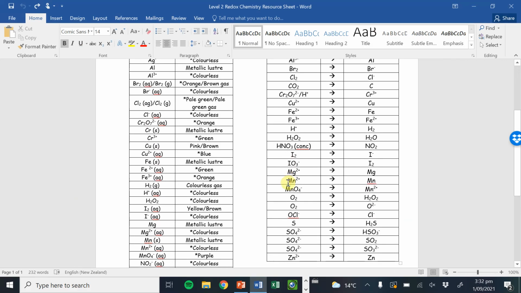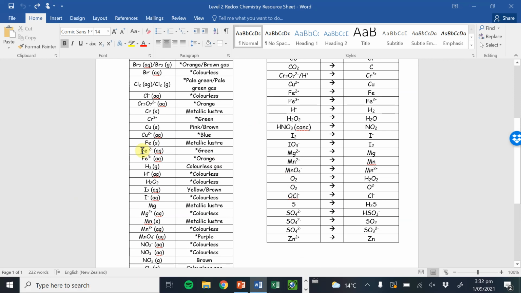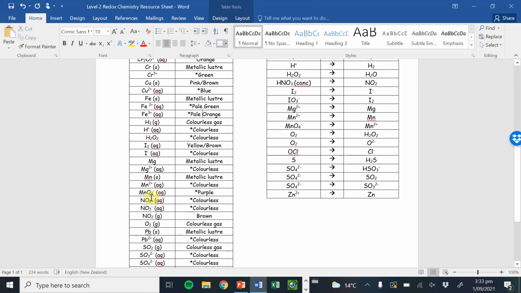Here's my iron 2 aqueous, meaning dissolved in solution, green. Iron 3 aqueous, orange. I should update that and write the word pale, because pale is probably a better way to describe it, as it's not super intense color-wise compared to other things. Down here is the permanganate, which is purple, and it's going to the manganese ion, which is colorless.